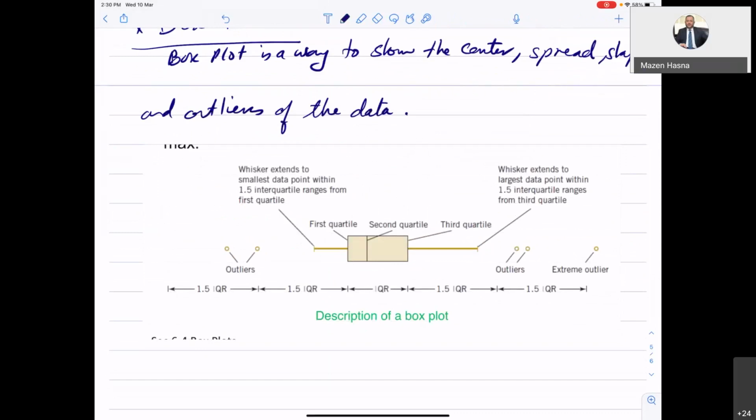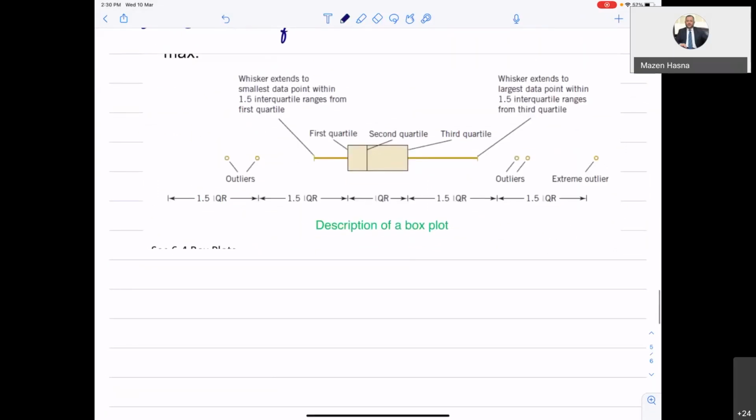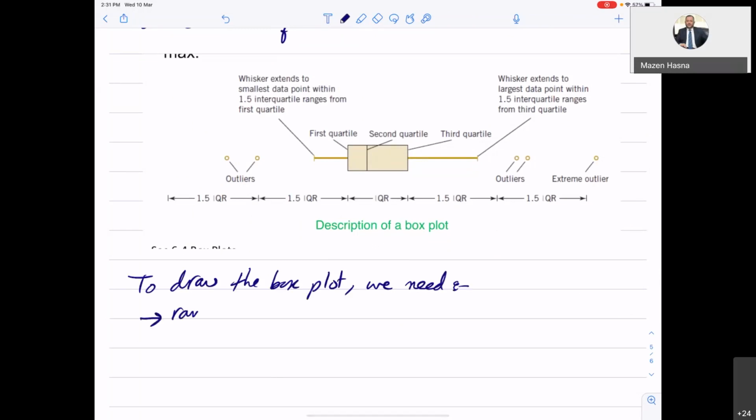So what do we need to calculate or to draw the box plot? To draw the box plot, we need to rank the data from smallest to largest.